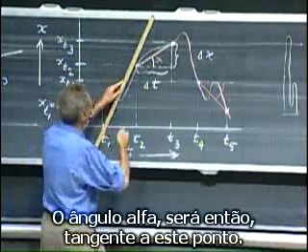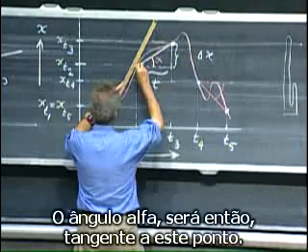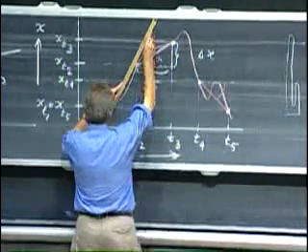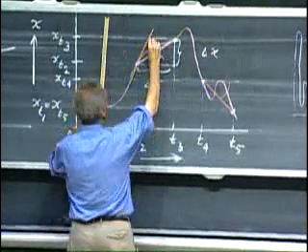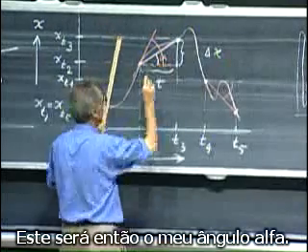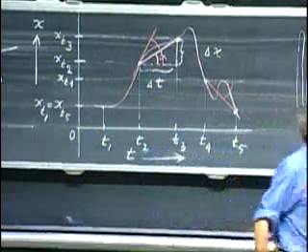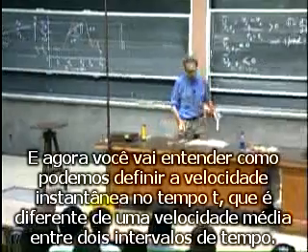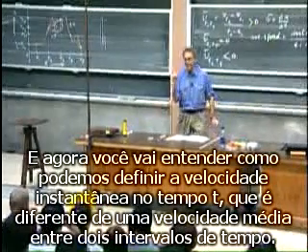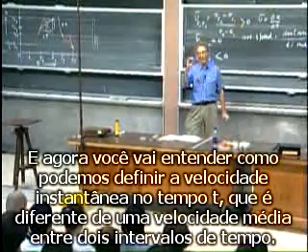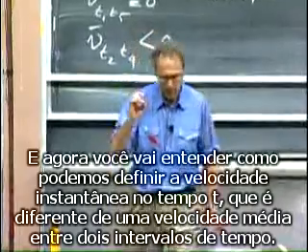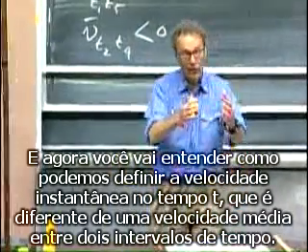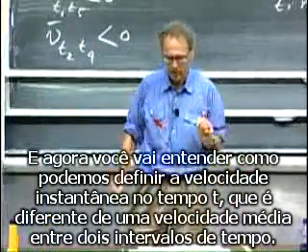The angle of alpha will then be tangential to this point. This will then be my angle of alpha. And now you will understand how we define the instantaneous velocity at time t, which is different from an average velocity between 2 time intervals.